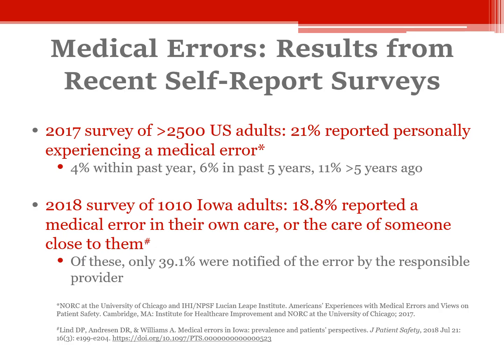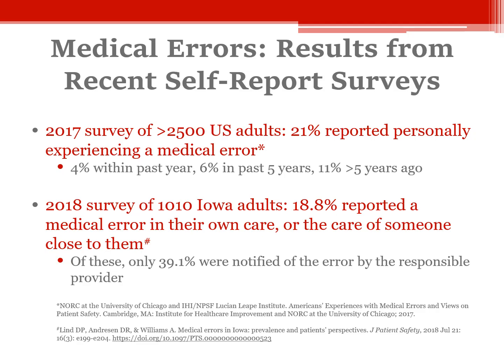Another way that we can attempt to quantify the prevalence of medical errors is to actually survey people about their experiences and interactions with the healthcare system and ask them directly if they've experienced medical errors, improper treatment, anything like that. And so in 2017, a fairly large survey was conducted by the University of Chicago and the Lucian Leape Institute.